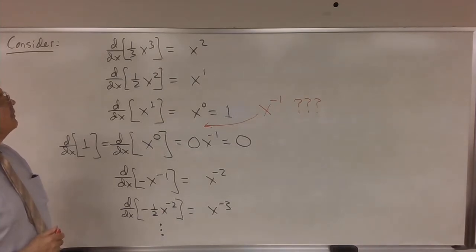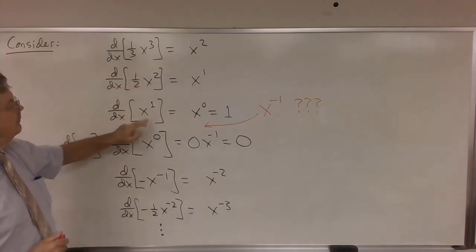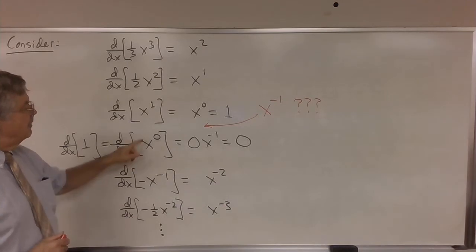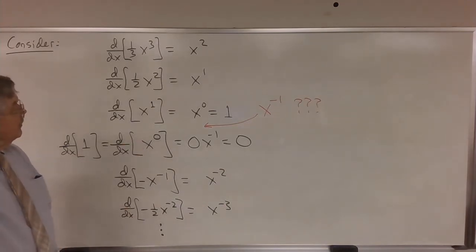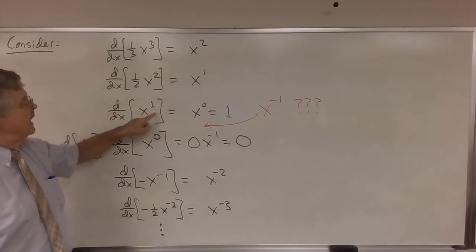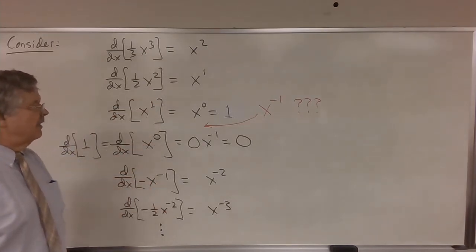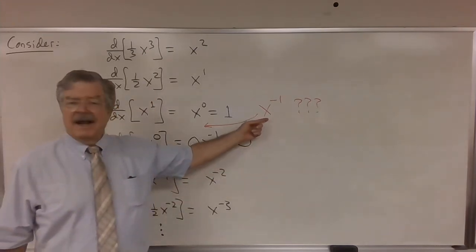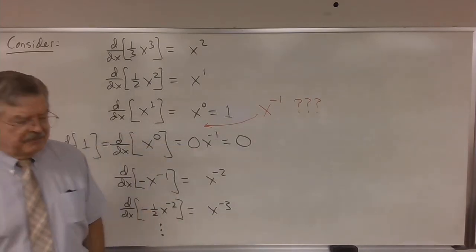We've computed the derivative of x to all whole number powers that are close to 0. And we never got x to the negative first.